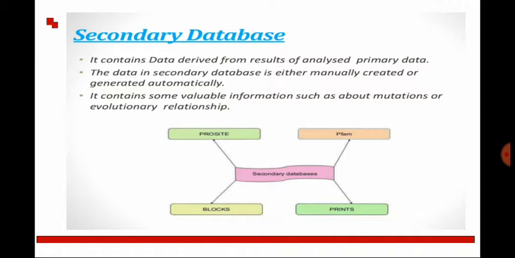In primary data, the data can be submitted after an experiment, and in secondary data, the experimental data are analyzed, and after that it can be submitted in the secondary database. It contains some valuable information such as about mutations or evolutionary relationships in organisms.